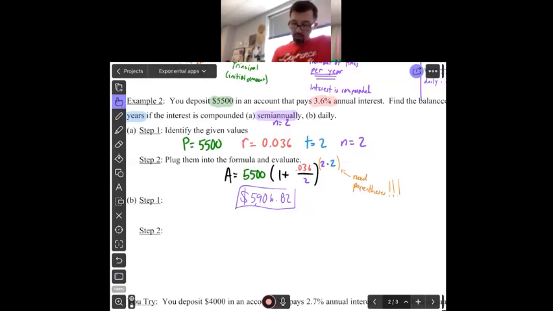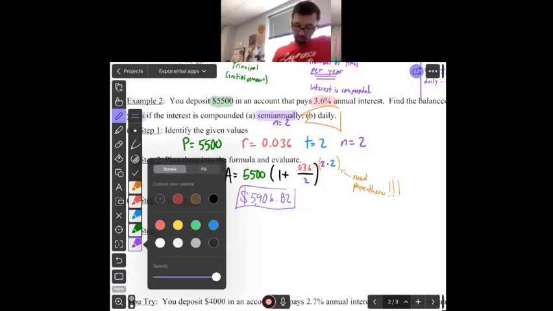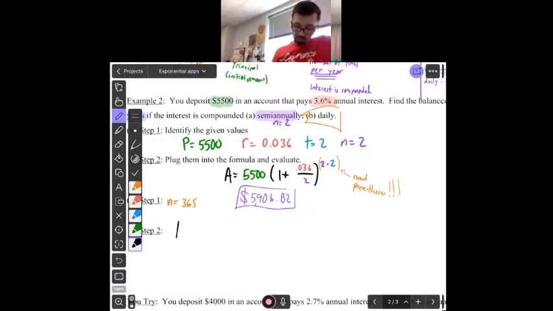Part B here, we're just going to the other n value. So everything else will be the same. N is now 365 for daily. So it'll be A equals 5500 times 1 plus 0.036 over 365.